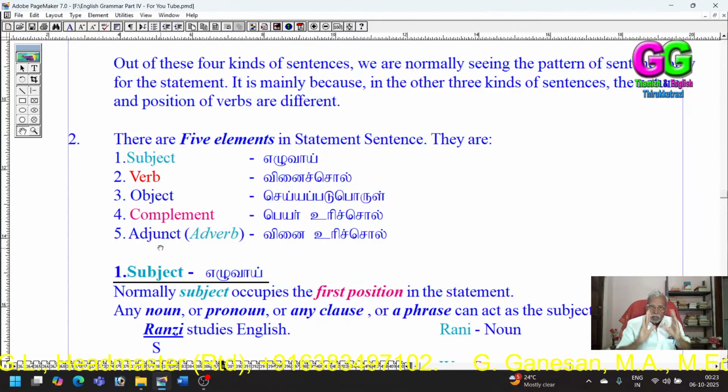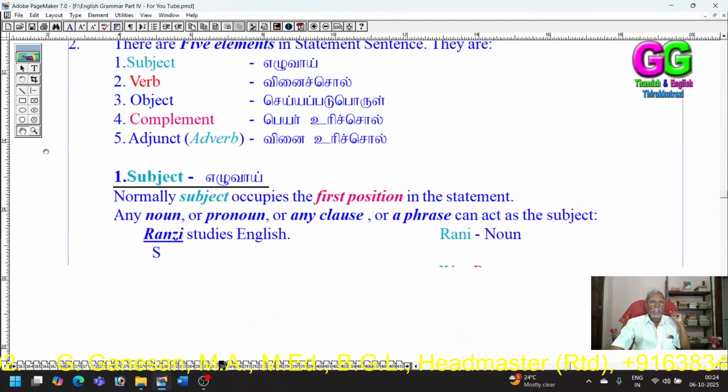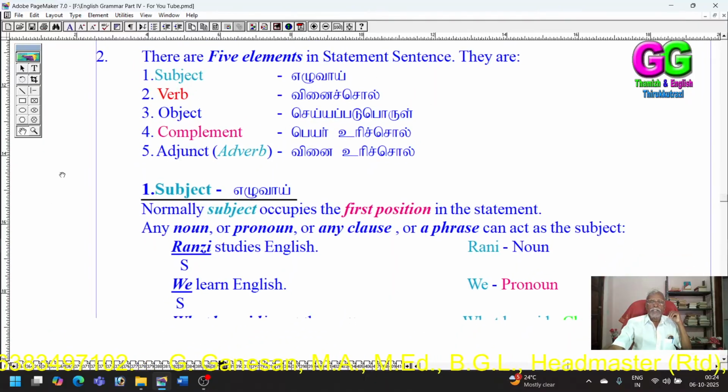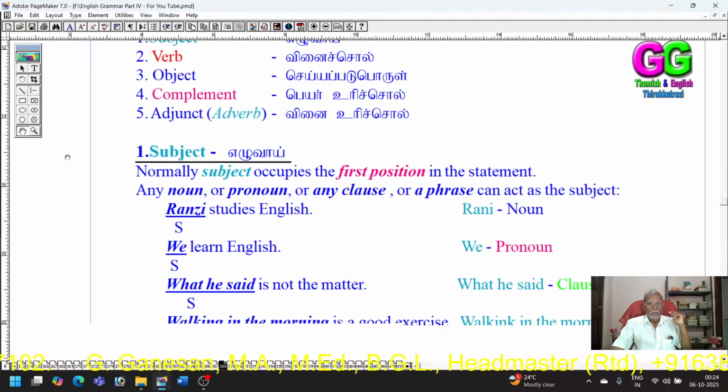If you are well aware of the position of these five elements, then we can speak and write English correctly. Now, let us see them one by one.